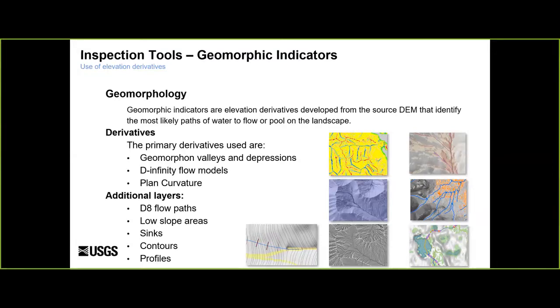To do this, we're evaluating the use of geomorphological indicators such as geomorphon values and depressions, D-infinity flow models, openness and plan curvature. Additionally, we're looking at D8 flow paths and the impact of low slope areas and sinks. And contours and profiles are also being used to find other misaligned features.